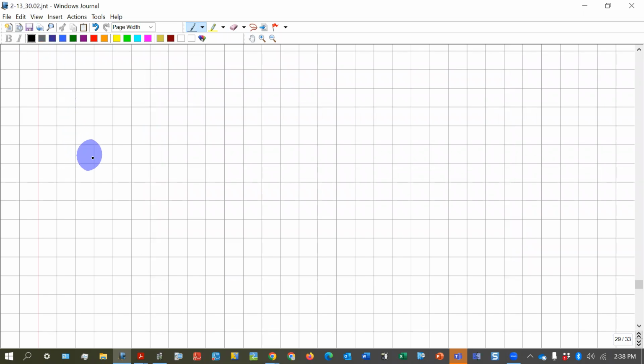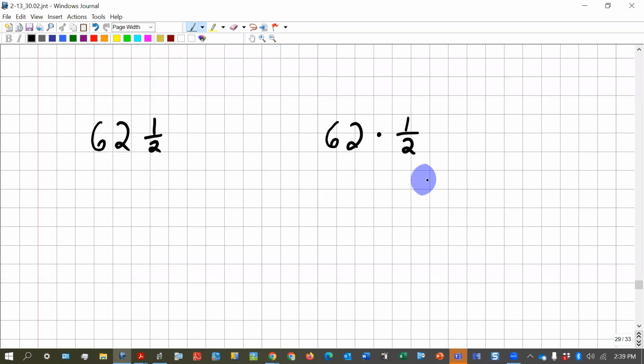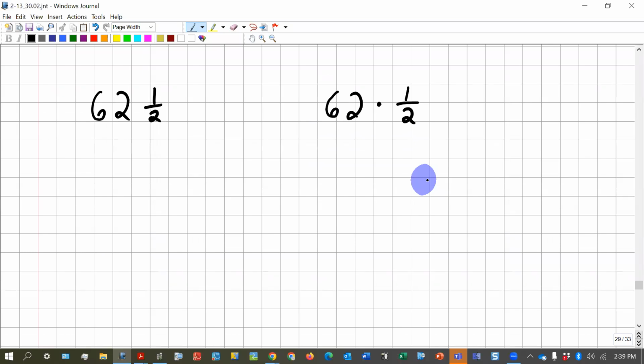But the distinction between that and... So the first one, we start to turn it back to a fraction number, right? Mhm.